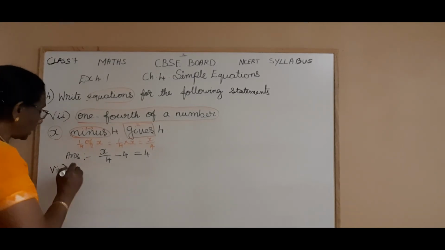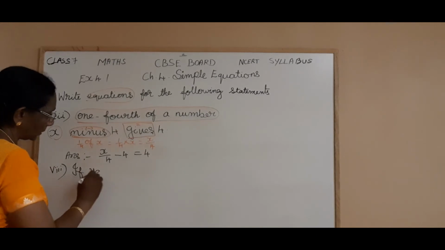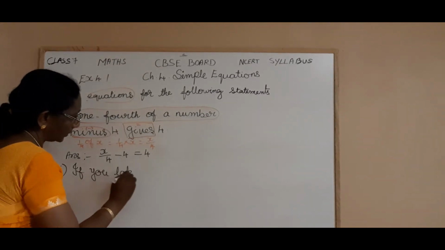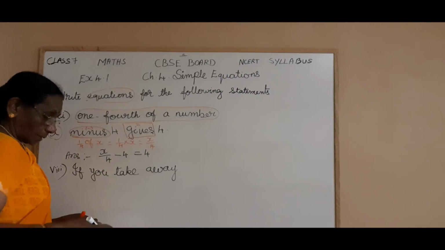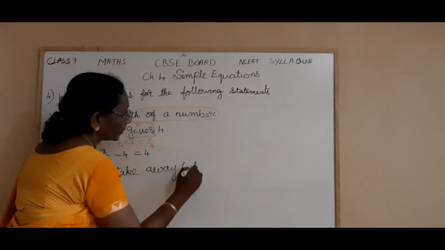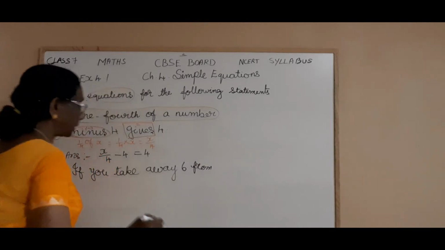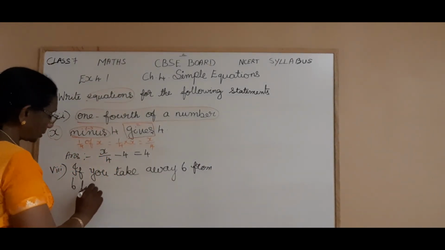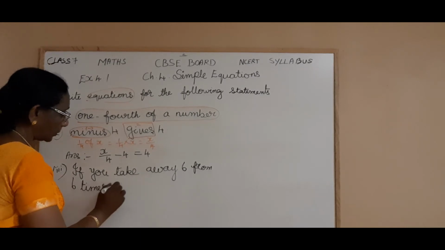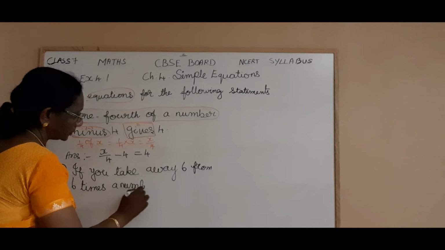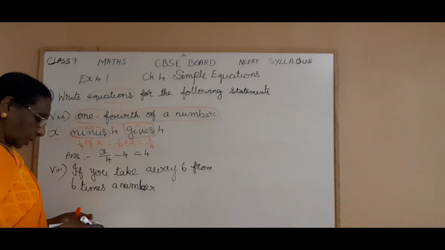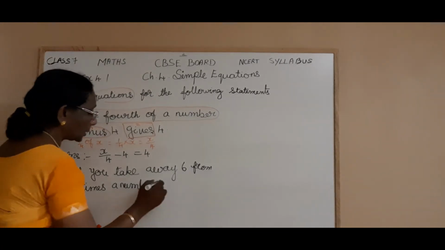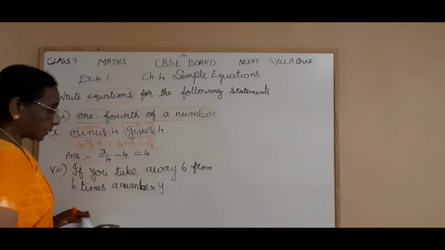If you take away 6 from 6 times the number y, you get 60.